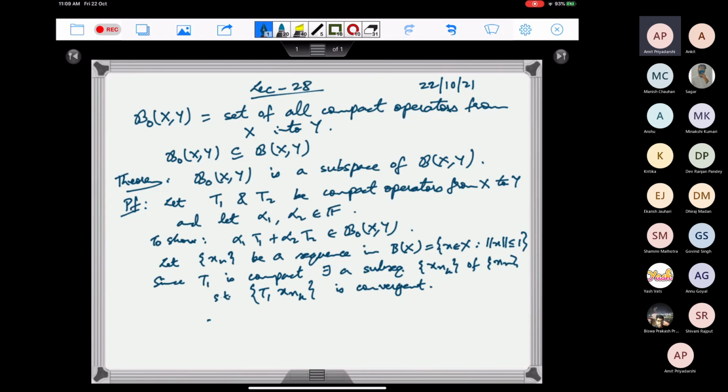So now we can take a subsequence of this xnk such that T2 of that is convergent.